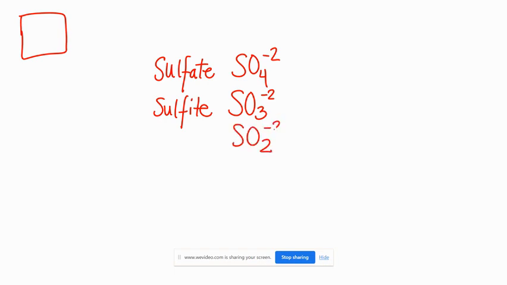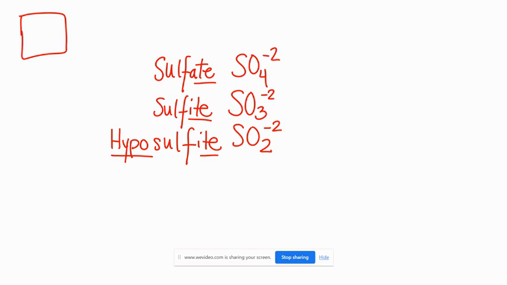The charge does not change. The wording then will be hypo sulfite. See the difference in the words there? Make sense?